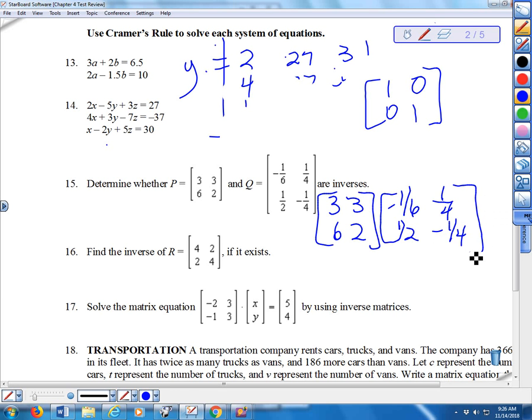Okay, so 3 times negative 1/6, negative 1/2. 3 times negative 1/6, negative 1/2. 3 times 1/2. 3 halves, right?